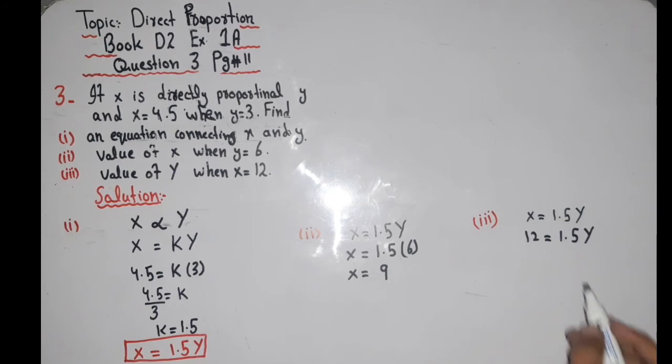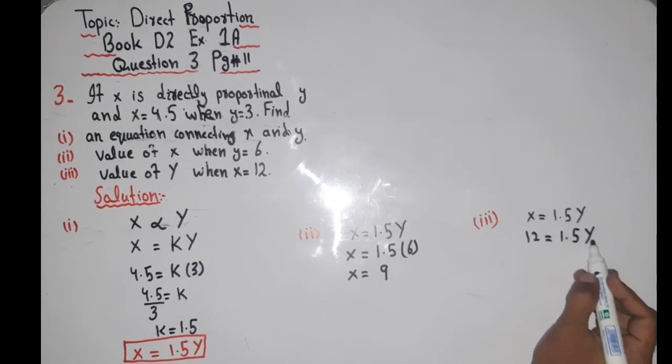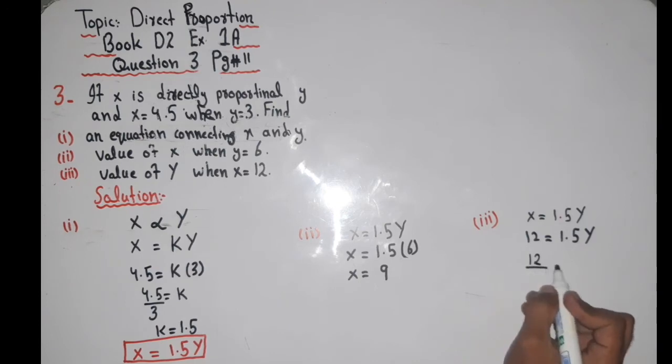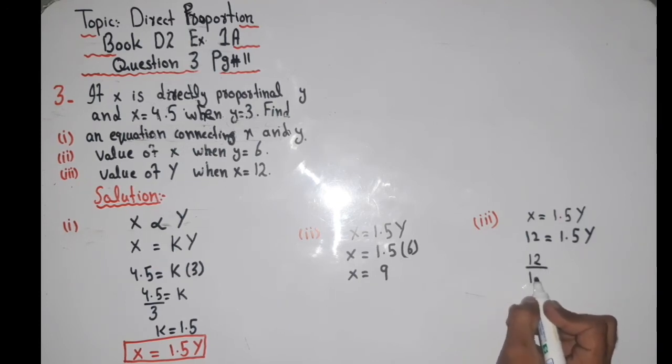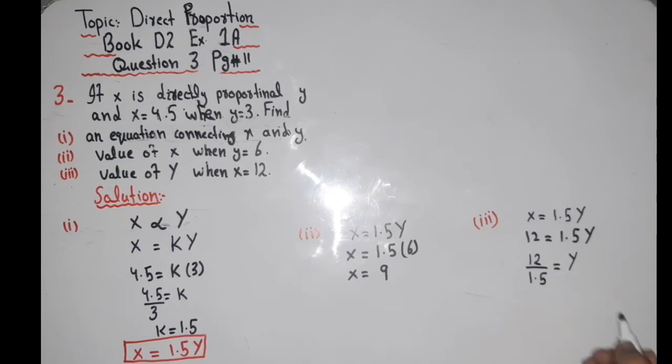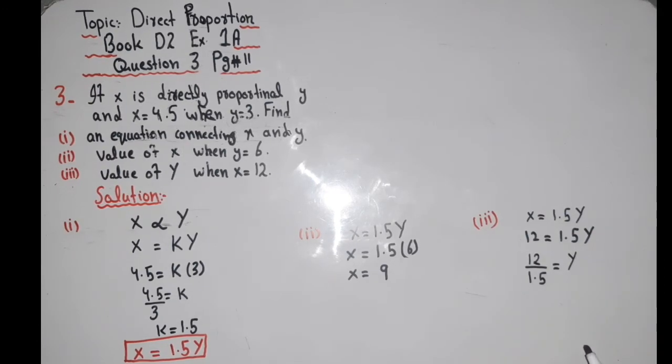So 1.5 is multiplying with y. If we shift this term to the left side, 12 will be divided by 1.5. So y will be equal to 12 over 1.5. Now check this.